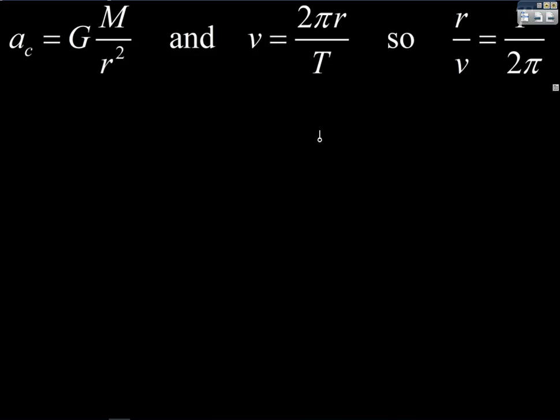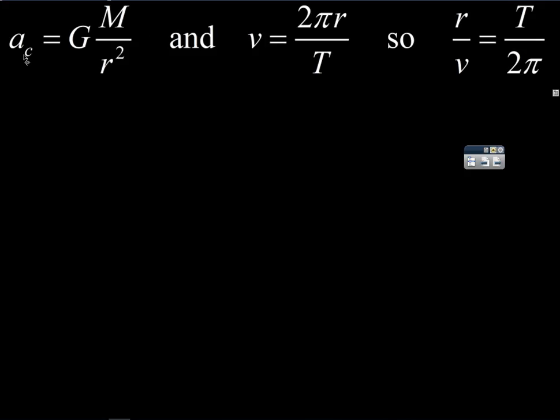So if we use these couple relationships that we know, centripetal, this is really just the law of universal gravitation, right? Little m times a, the gravitational force, would equal G times big M times little m, but we're going to divide both sides by little m to just get acceleration, right?